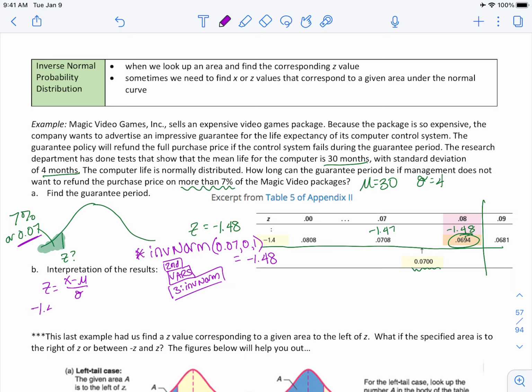So negative 1.48 equals x minus 30 over 4. So I multiply by 4. We have negative 5.92 equals x minus 30. Add the 30, and we get x is equal to 24.08. Okay, so our guarantee period is about 24 months.